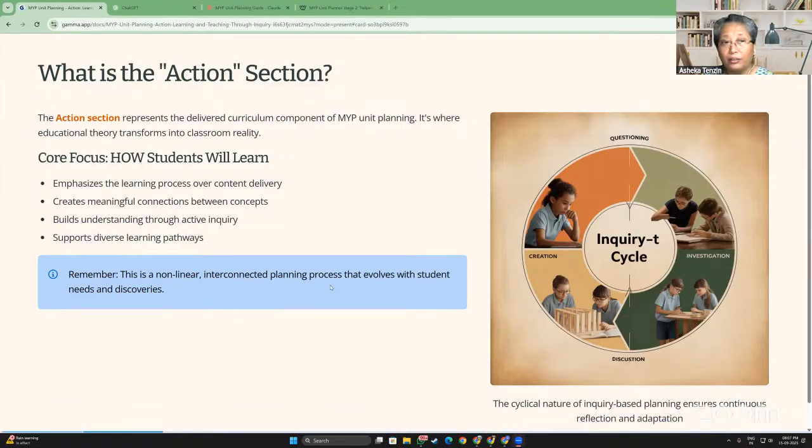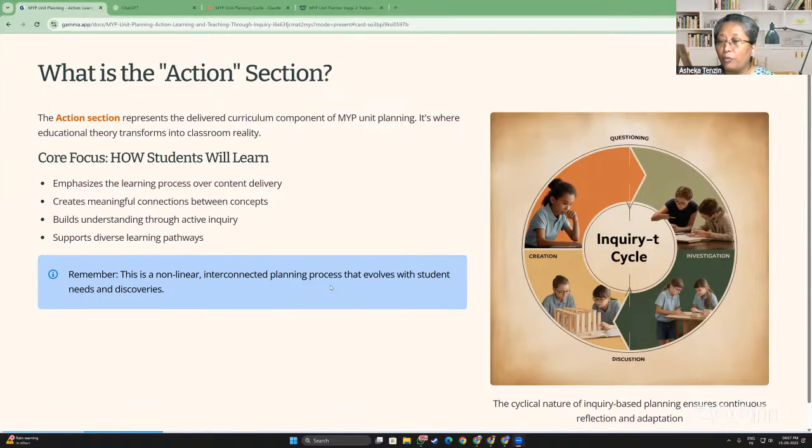So here in this section, you will create meaningful connections between the concepts that you are going to study. The next focus is to build understanding through active inquiry. So there have to be activities where inquiry is happening.